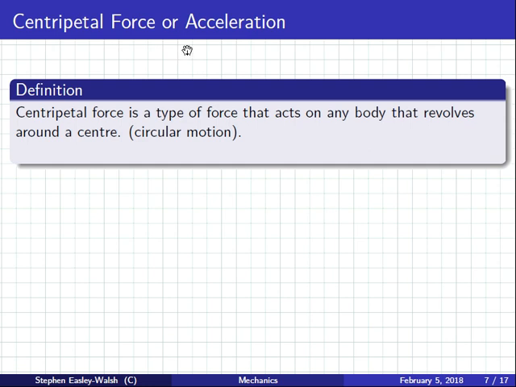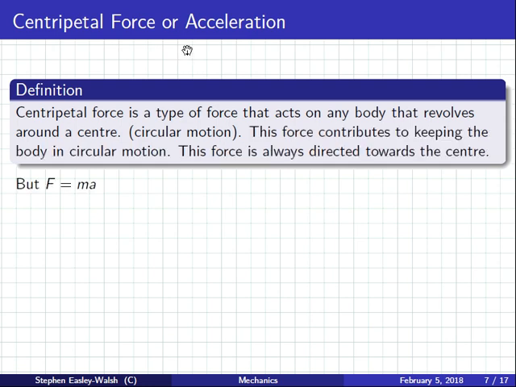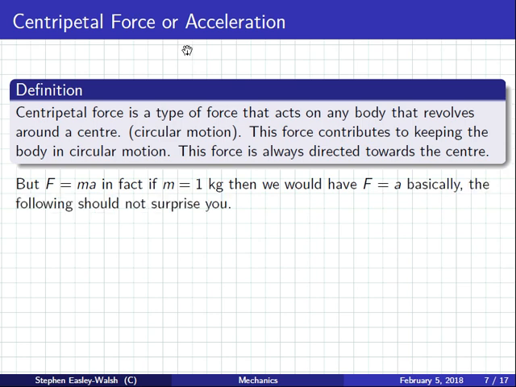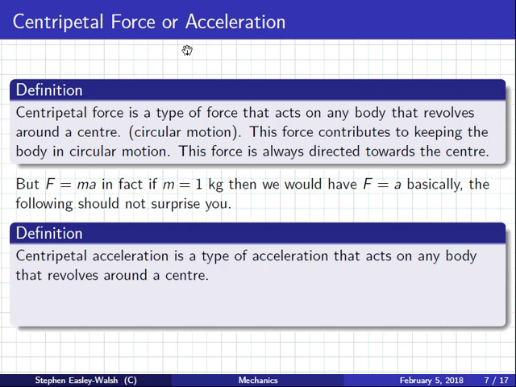Yeah. Okay. The next one, F equals ma. In fact, if m equals 1 kilogram, then F would equal A, right? If m is 1, for example. So basically, the next sentence should not surprise you. You have something called centripetal acceleration.